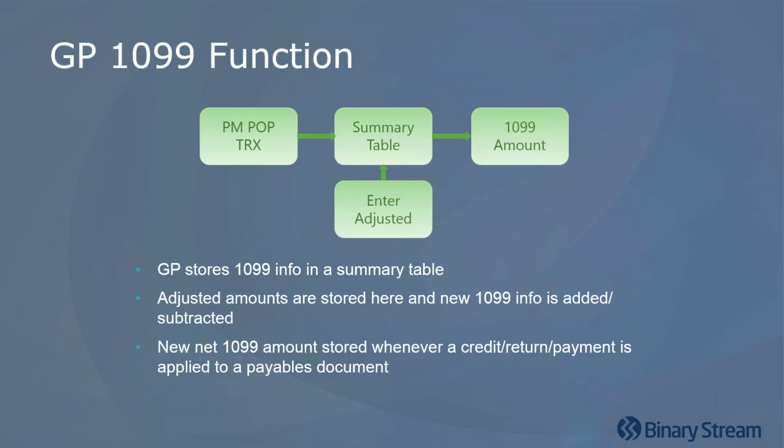It's also changed if you've been using GP and are now using MEM, you're going to see some differences on the screens. So first of all, the way that GP deals with 1099 information is that as transactions are flowing through your payables or your purchasing, as those amounts are applied, either they've been paid or they've been credited or whatever other method that an amount has actually been applied to.